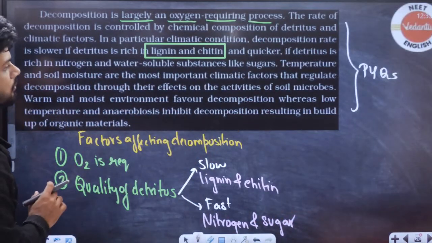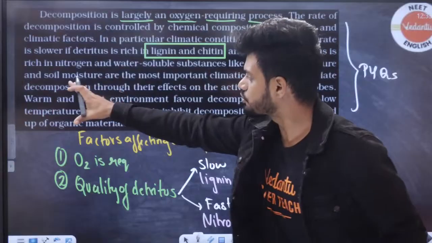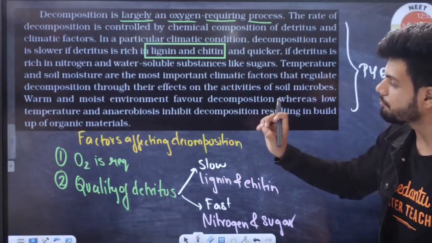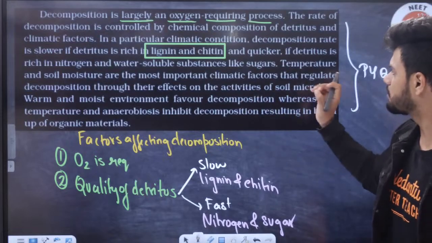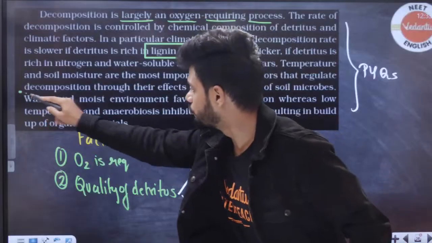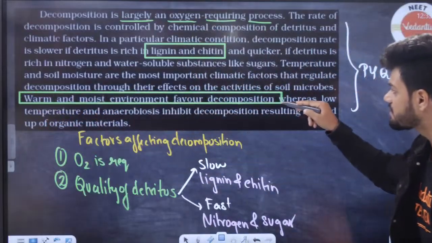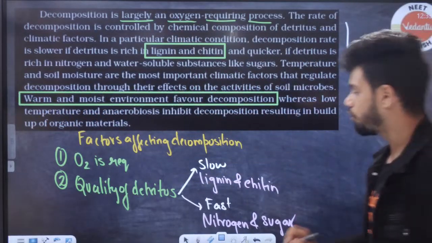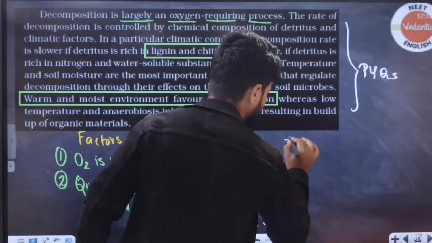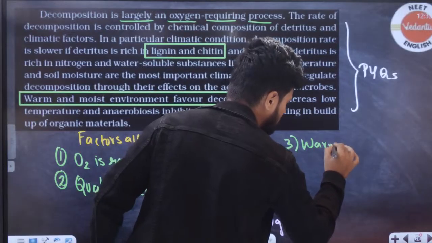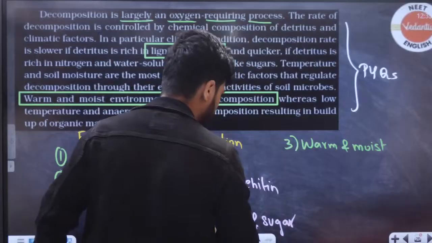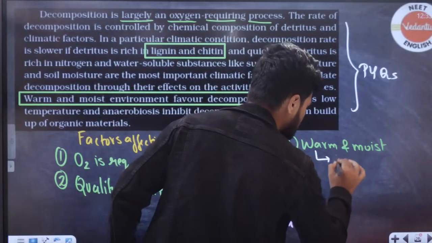Now, temperature and soil moisture are also important climatic factors that regulate decomposition through their effect on the activities of the soil microbes. A warm and moist environment favors decomposition. Warm and moist conditions will do what? Increase decomposition.